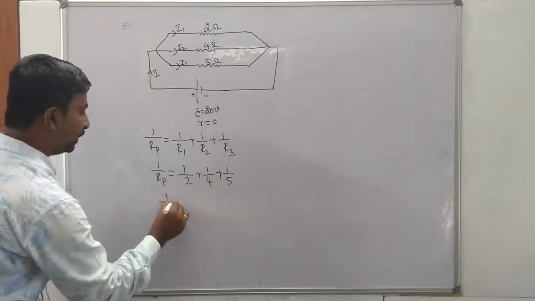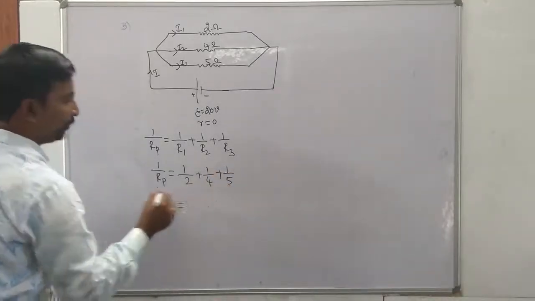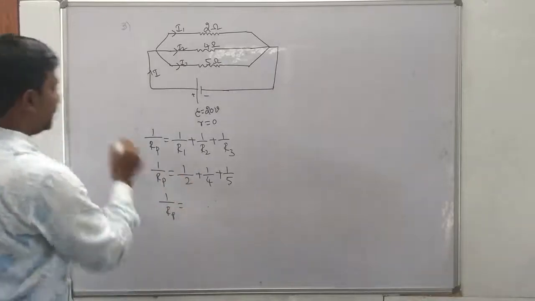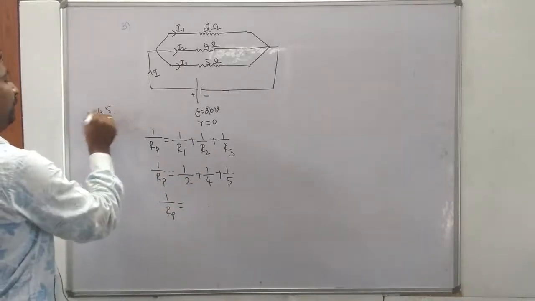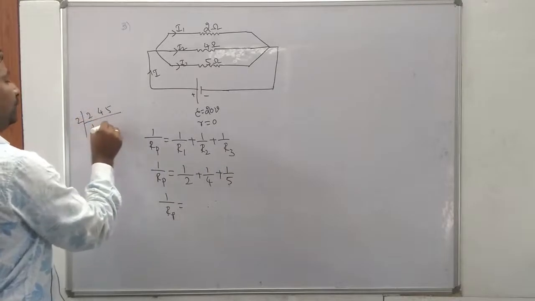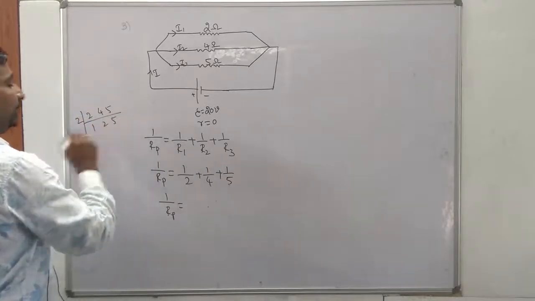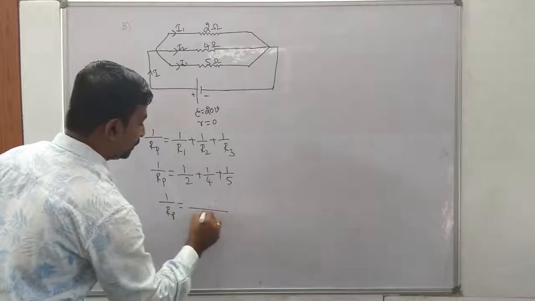So then 1 by RP is equal to, what will be the LCM of 2, 4 and 5? So 2 1s are 2, 2 2s are 4, then 5, so 20 is the LCM.